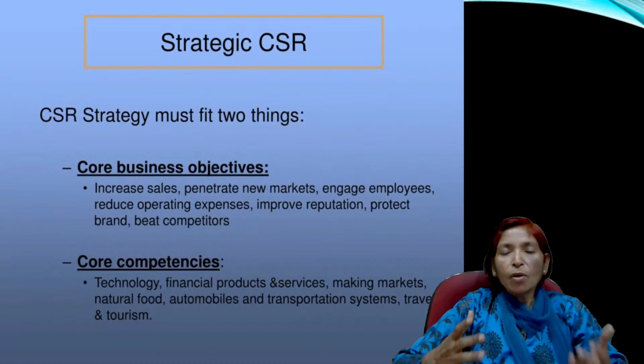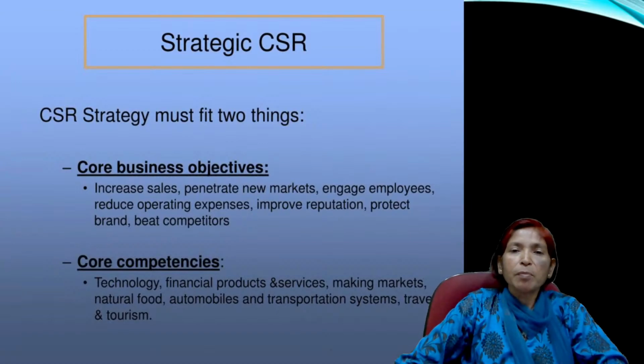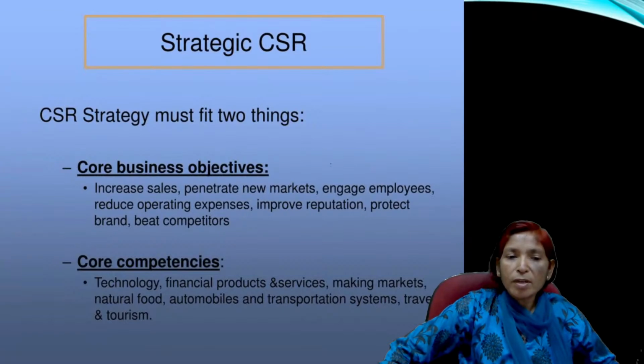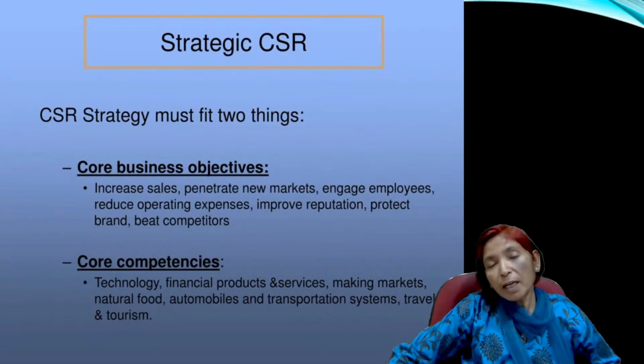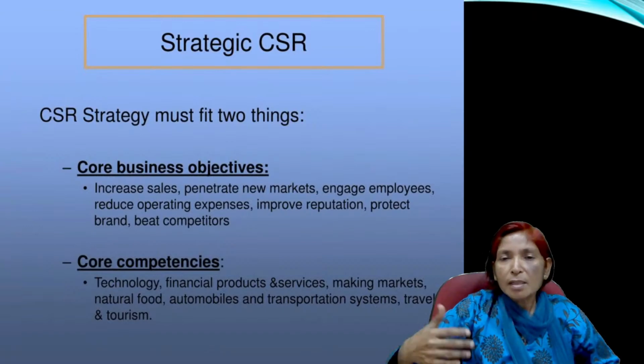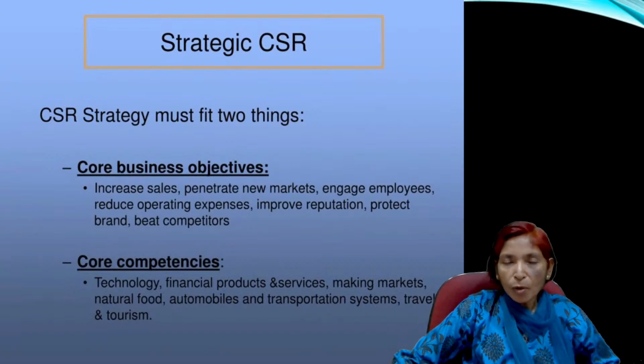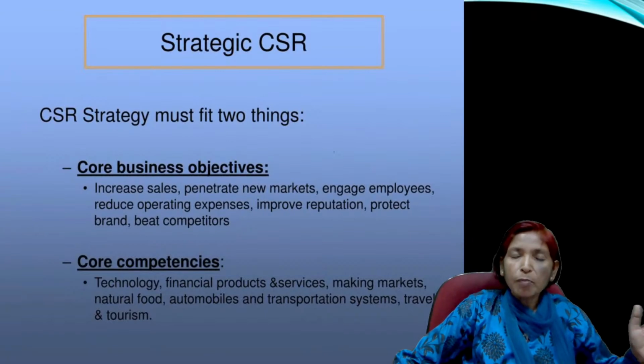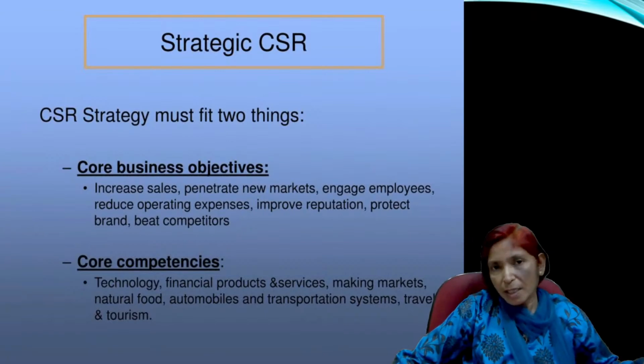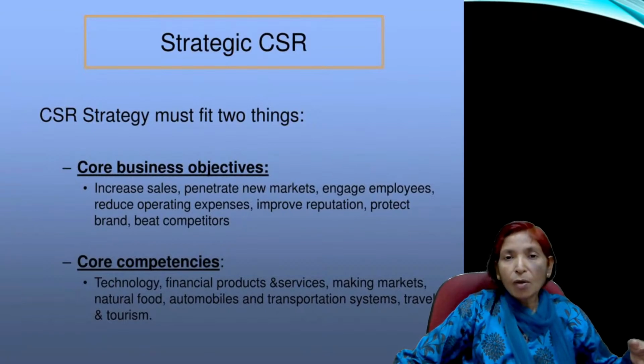What are the main core business objectives? You know that every business enterprise wants to earn maximum profit, and a firm can earn maximum profit by increasing its sales. According to Baumol, the great economist, if a company maximizes its sales, then profit will automatically be maximized, because we should focus on sales maximization rather than profit maximization. But at present, some companies mainly emphasize profit rather than sales.